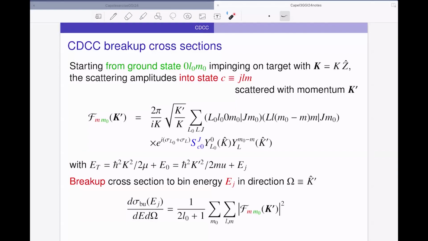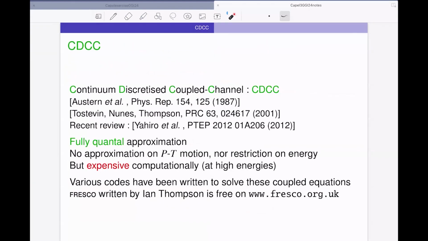So it's very convenient. There are different methods, different reviews written on CDCC. I like this one, one of the original papers, mostly by the Kyushu group. There is this paper by Tostevin, Nunes, and Thompson, which is very good to know how to get the cross sections from the result of the calculation.